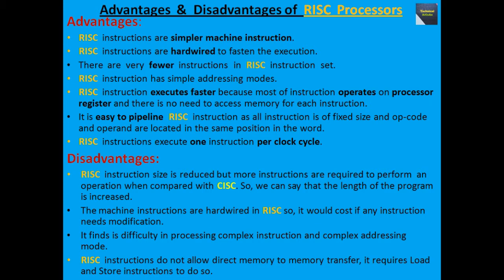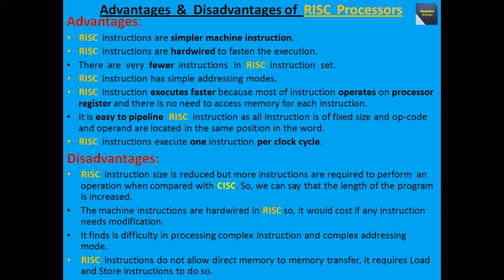RISC instructions execute faster because most instructions operate on processor registers and there is no need to access memory for each instruction. It is easy to pipeline RISC instructions as all instructions are of fixed size, and the opcode and operand are located in the same position in the word. RISC executes one instruction per clock cycle.